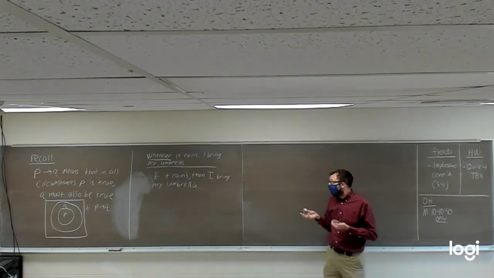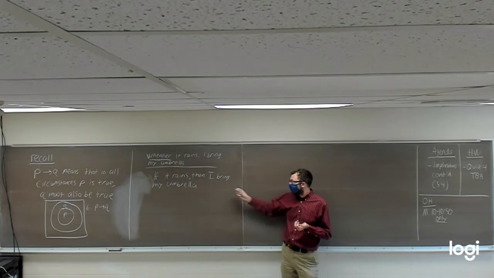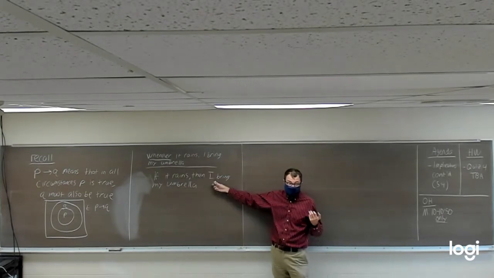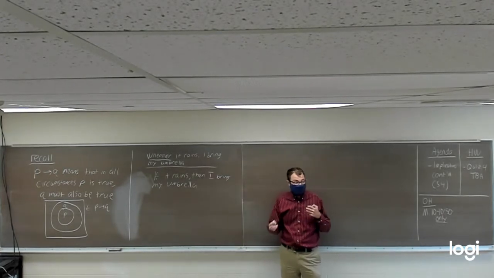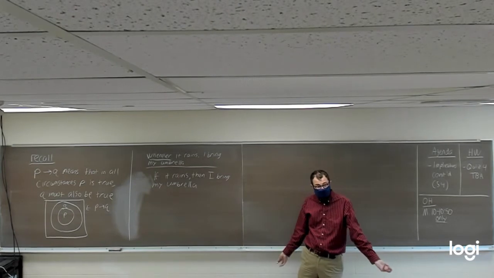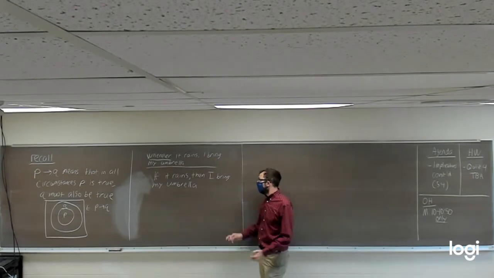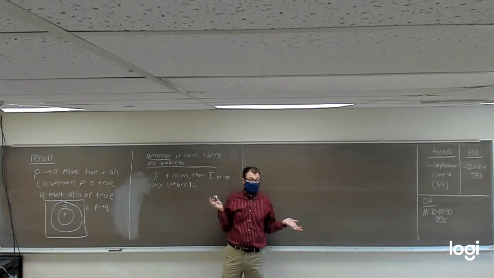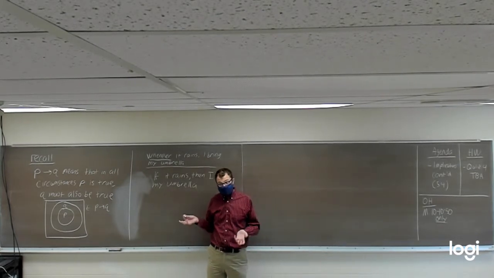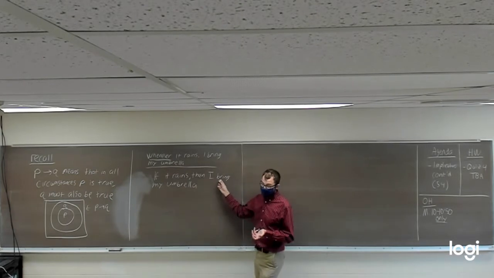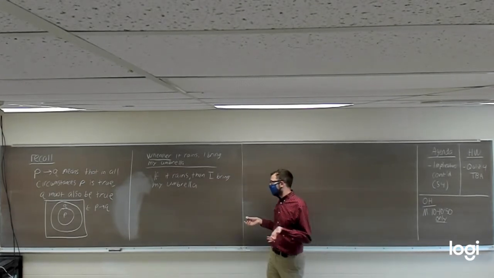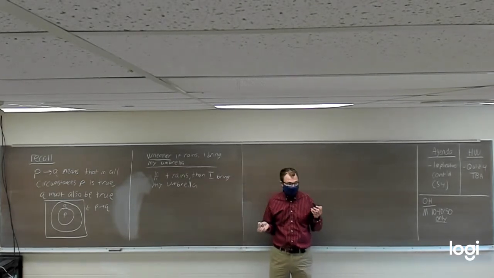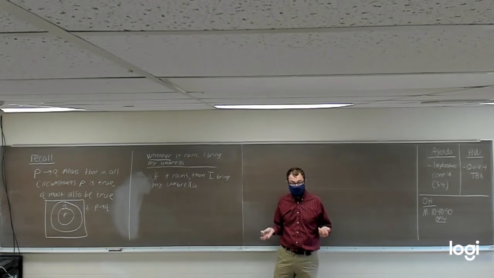It turns out that if this implication is true, and it doesn't rain, then this implication makes no claims as to whether or not I bring my umbrella. So if it doesn't rain, I can bring my umbrella, or I may not bring my umbrella. Either way, those would be situations that make this implication true. The only way this implication could be made false is if it were to rain and I were to not bring my umbrella.